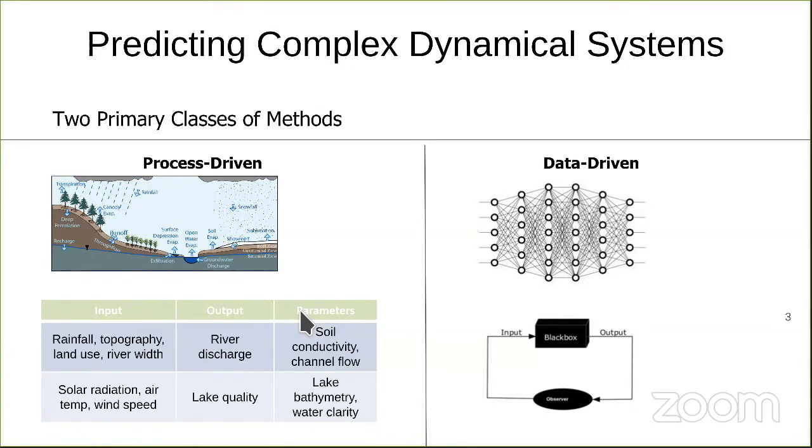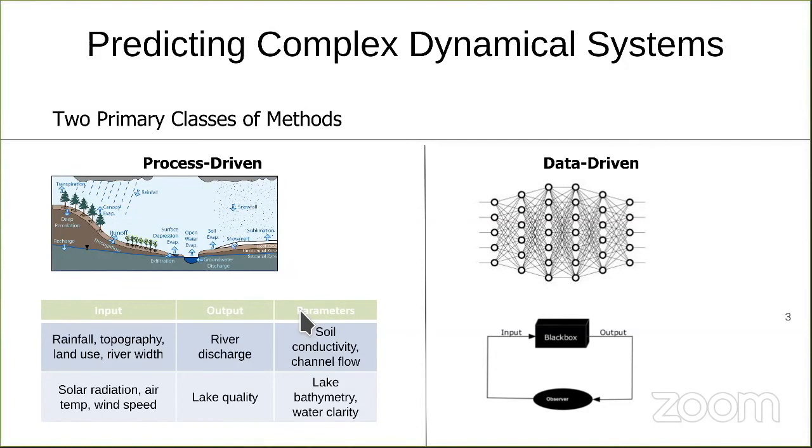And then on the other side of the coin, you have these data-driven models, which are all the rage these days, things like machine learning and more recently deep learning, which can take advantage of the millions and billions of sometimes data points available for modeling tasks as sensors get better and better.